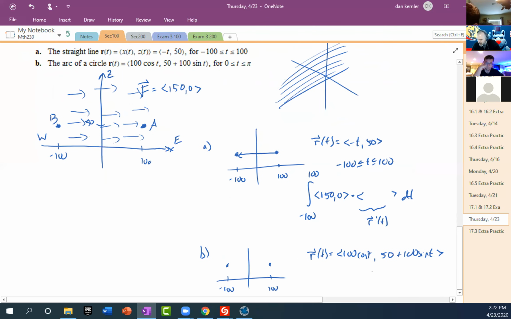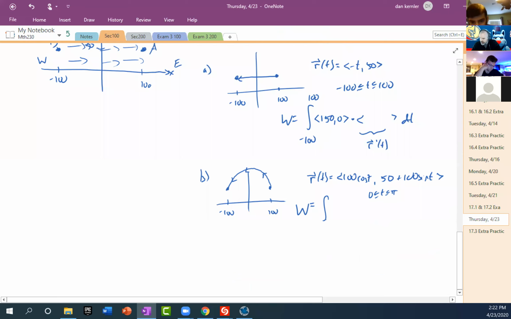So they give you the intervals of t and everything, and so that would be <100 cosine t, 50 plus 100 sine t>. That would be the semicircle going up. And again, you can find the work done just by finding the line integral. This time it's 0 to pi. Again, <150, 0> dot product with whatever r prime of t is, dt.